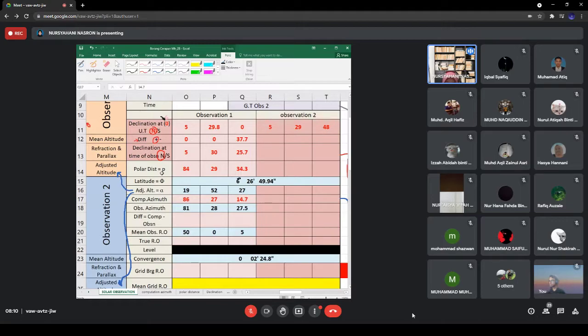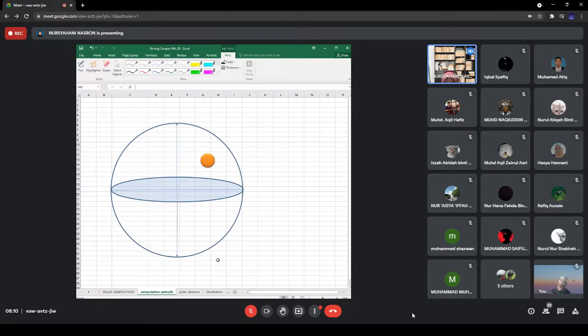So I will show you. This is the observer position, kedudukan observer, not like NCP and SCP. This is the whole picture from your observation. For example, you do a solar observation at academic height.